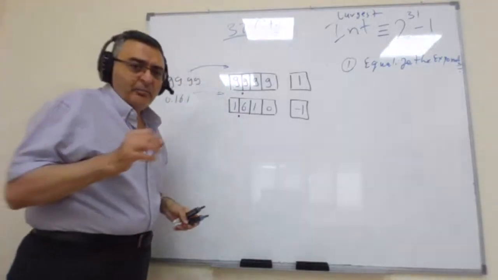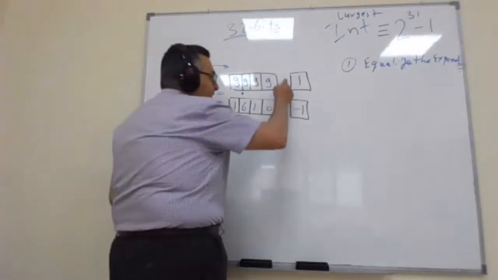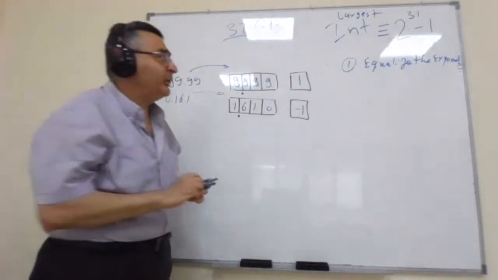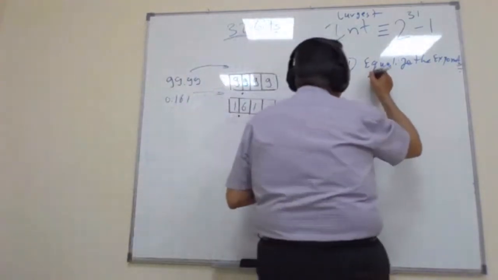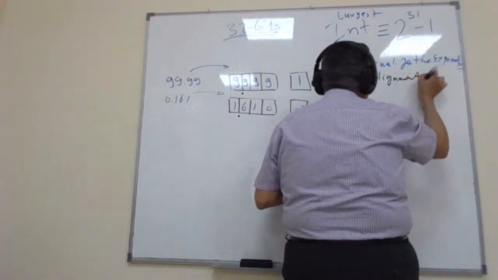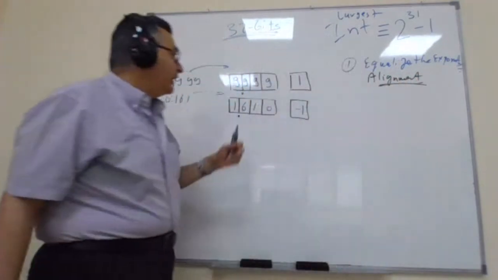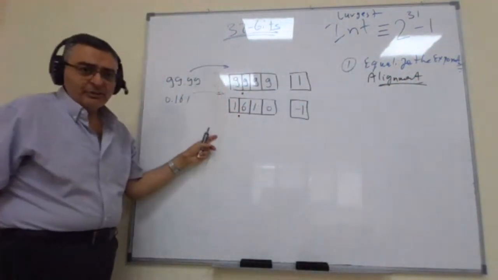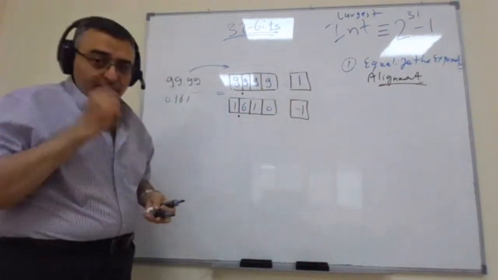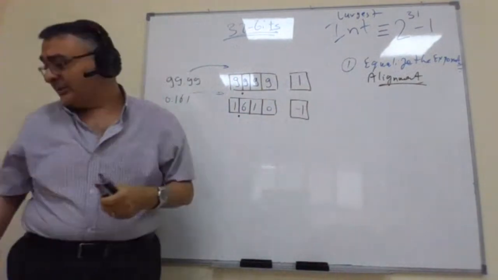So how can I make the exponents equal? Equalizing the exponent is actually called the alignment process. I have to align the numbers, okay, by making the exponents equal. Now, what are your ideas?